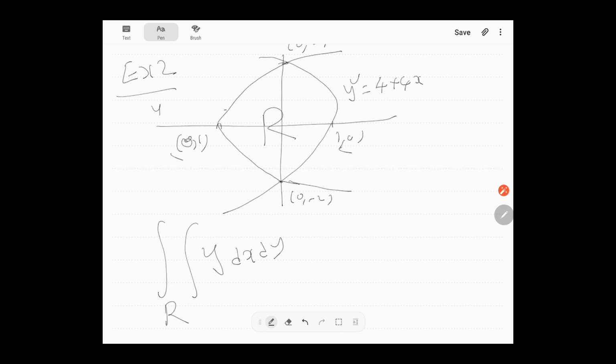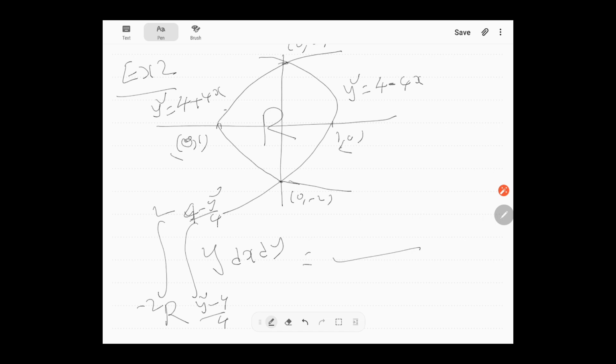The other parabola is y square is equal to 4 minus 4x, so x is 4 minus y square by 4, and y goes from minus 2 to 2. These are the limits you need to evaluate this integral.